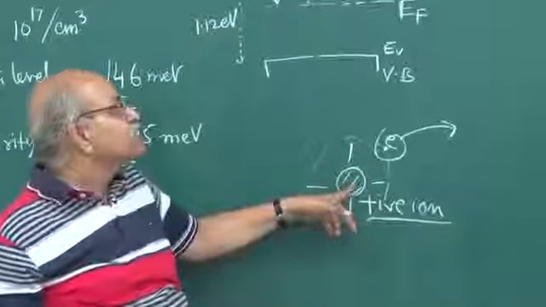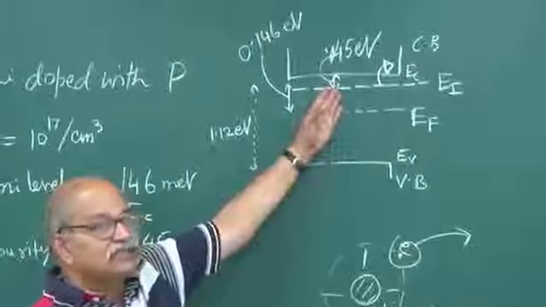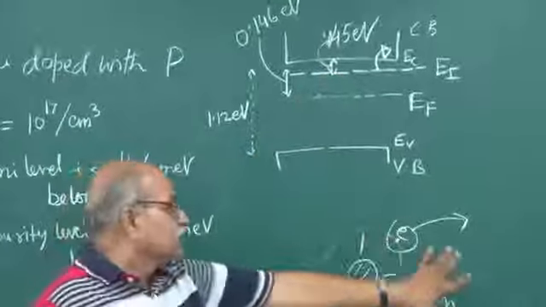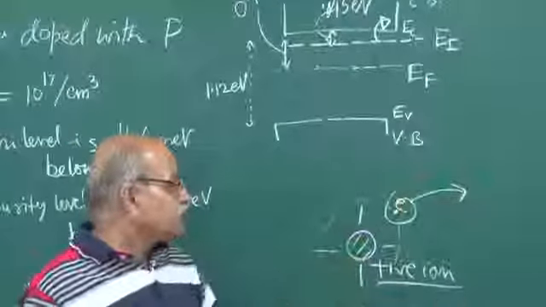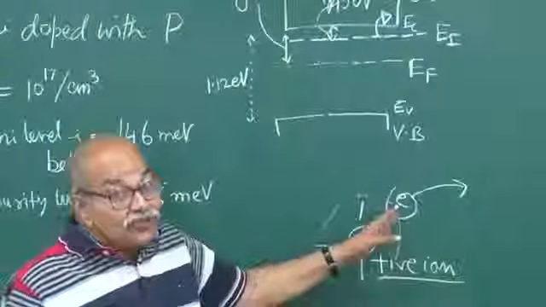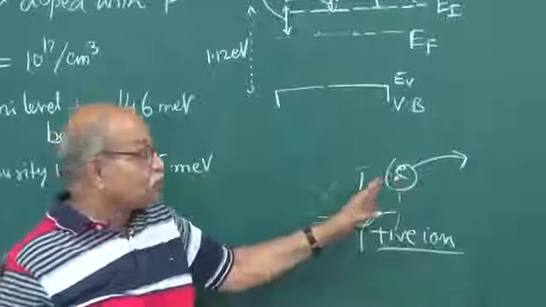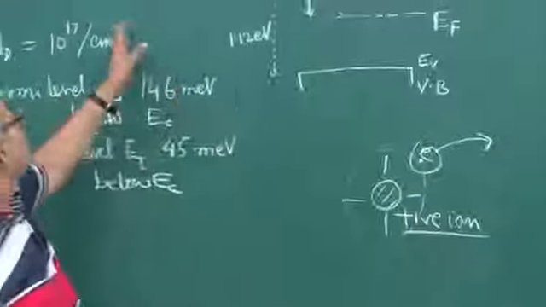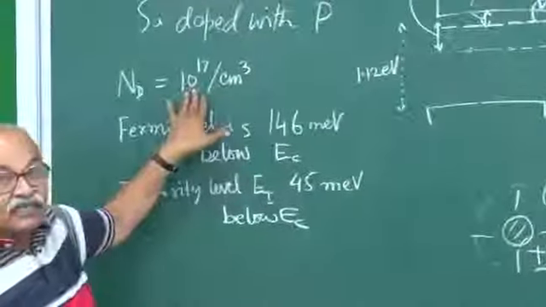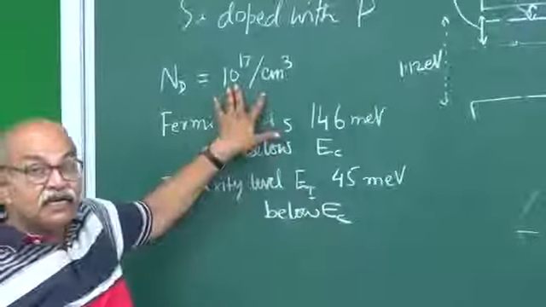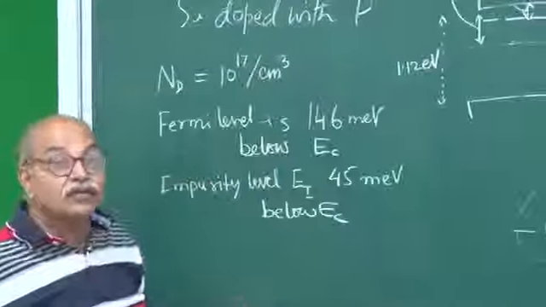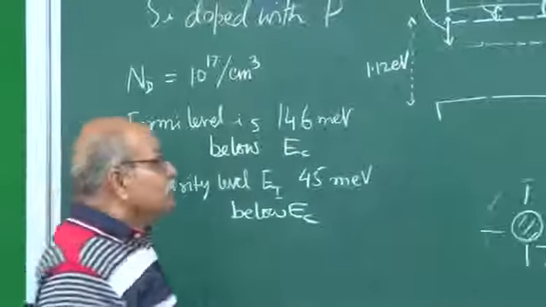So the question is, what percentage of the donor ions which are substituted in this lattice crystal are not ionized? Total number of donor ions per centimeter cube is given here. Out of these, how many are ionized and how many are not ionized, right?